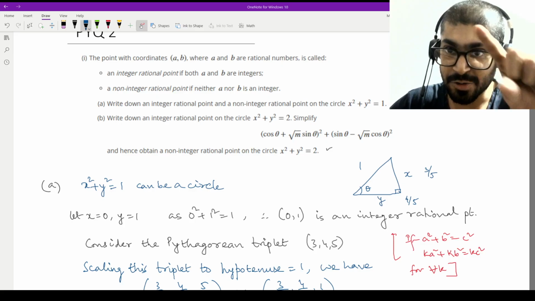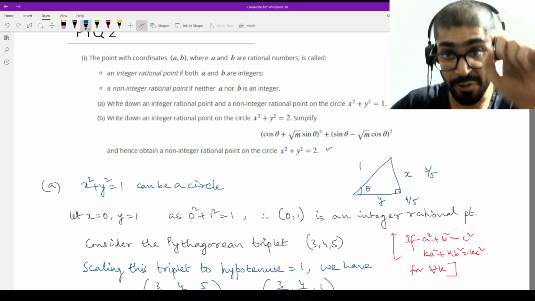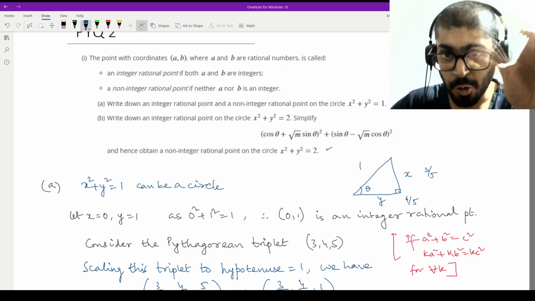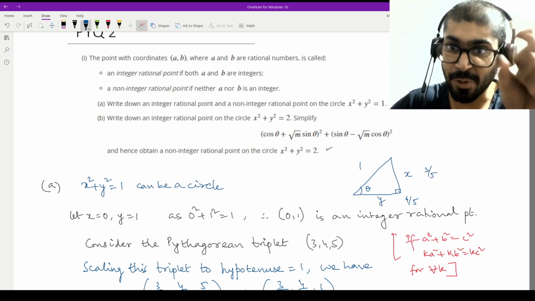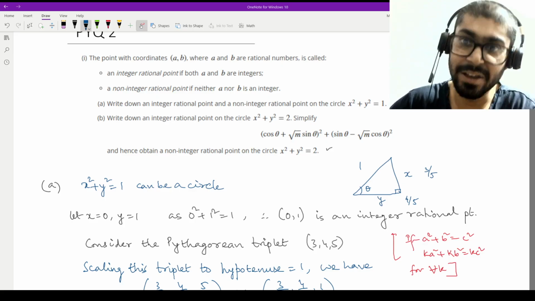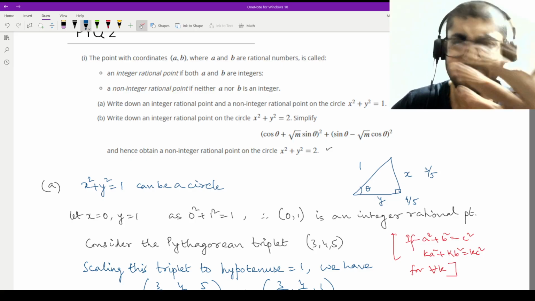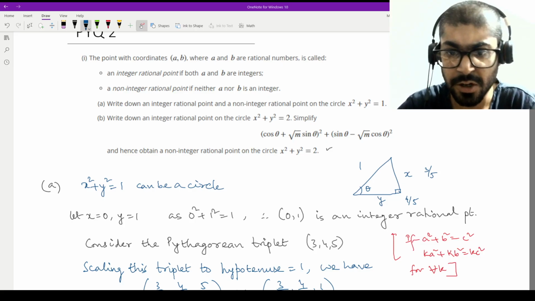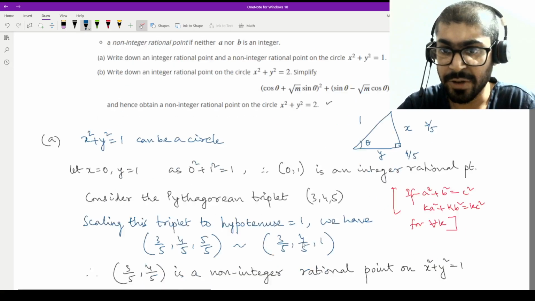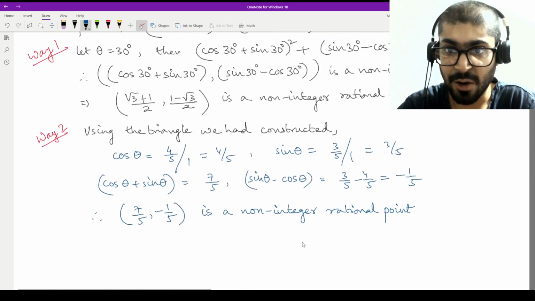So if the hypotenuse is taken as the radius, if you fix that, then the locus of a fixed point around a center will be a circle, right? That is why you can interpret this x square plus y square equal to 1 in two ways. Same thing with x square plus y square equal to 2. We just put the values in such a way that we get our desired outcomes.